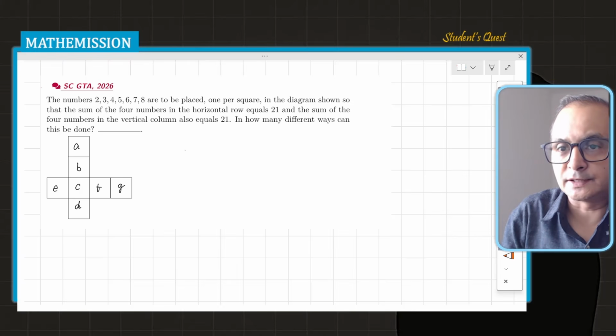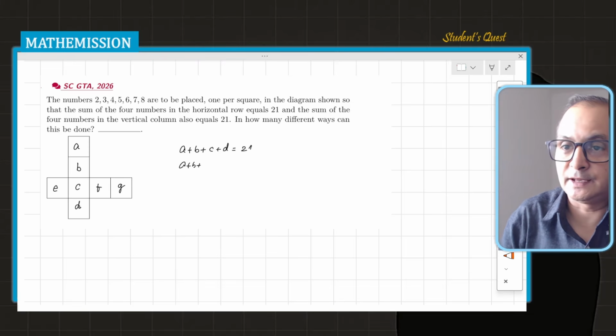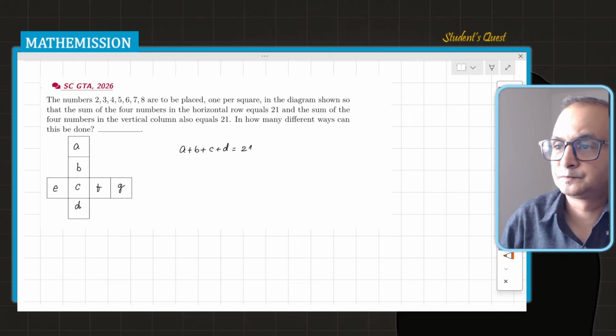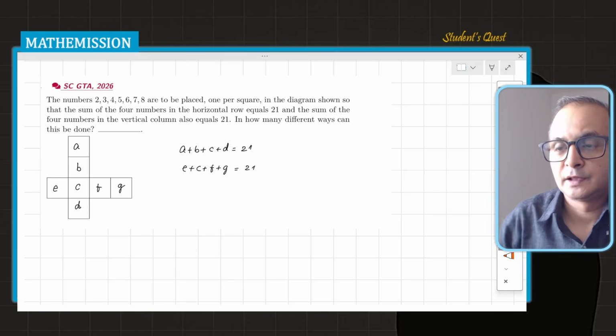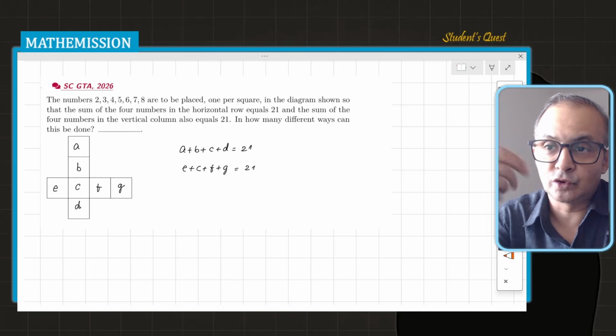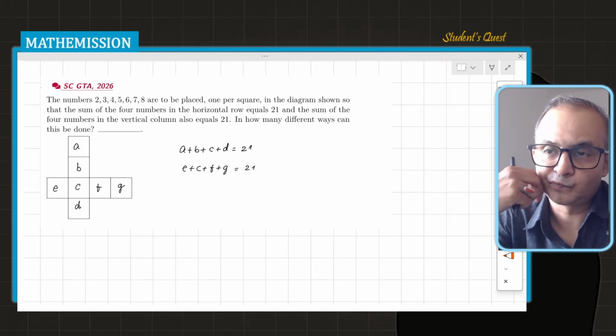And we need this thing: A plus B plus C plus D is 21, and E plus C plus F plus G is again 21. If I get all these things, then of course our work will be fine.